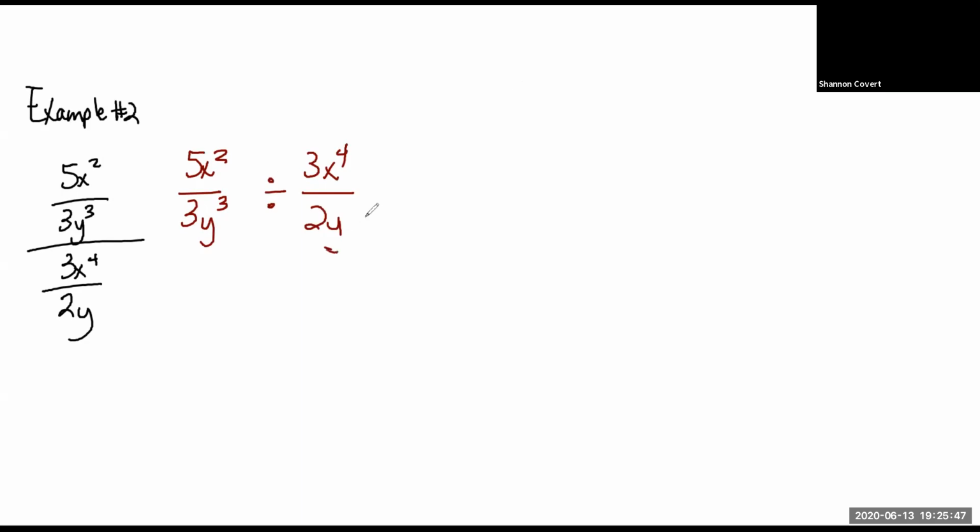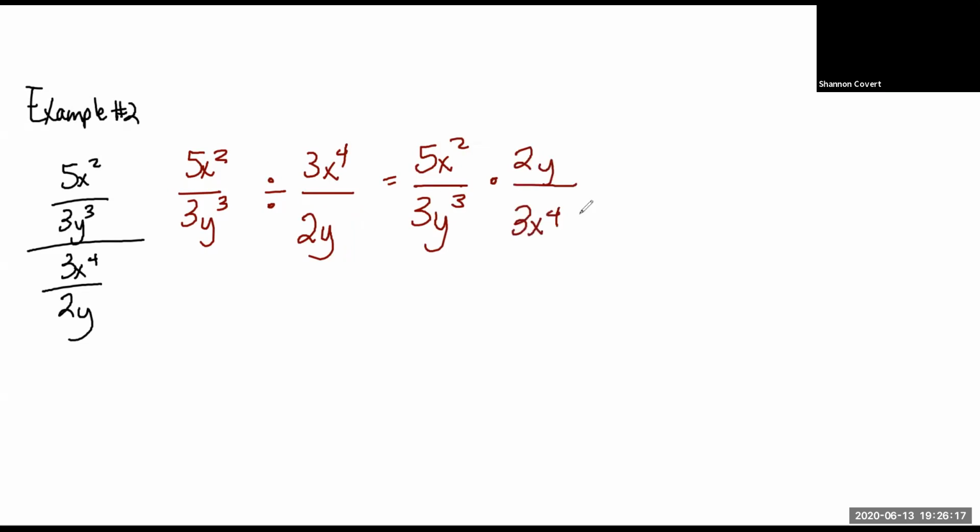Rewriting it as a multiplication problem, I have 5x squared over 3y to the third times 2y over 3x to the fourth, which is the reciprocal.